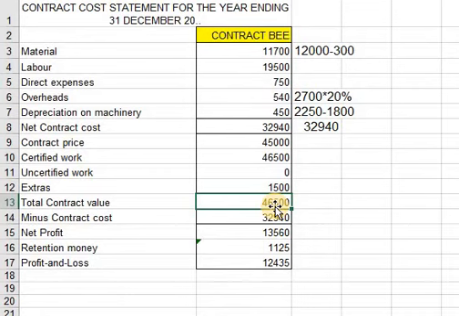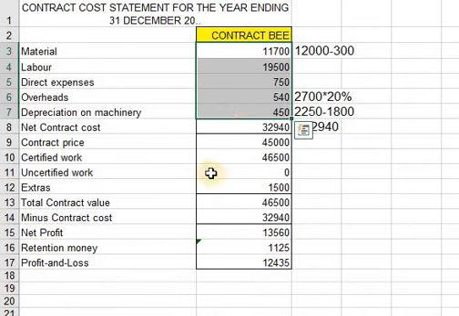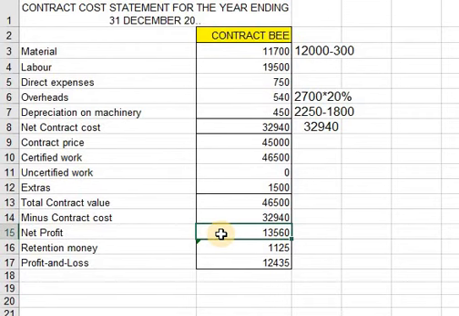And then the contract cost is this total here. This is what it costs us to complete the contract for BEE. Then that means we have a profit of 13,560. We charge them 46,500 as the contract value, and the costs were 32,940. So profit was 13,560.